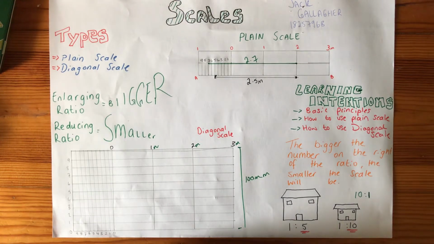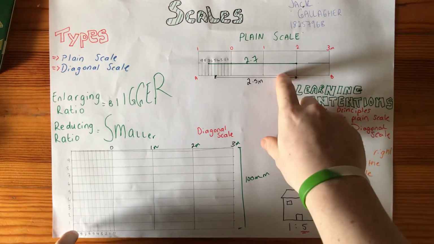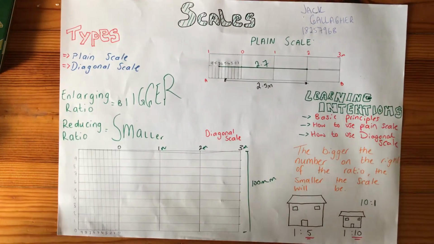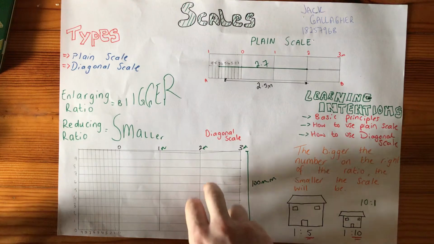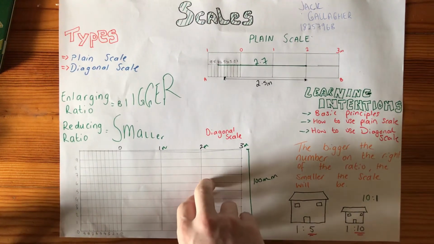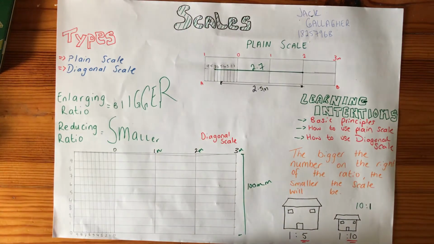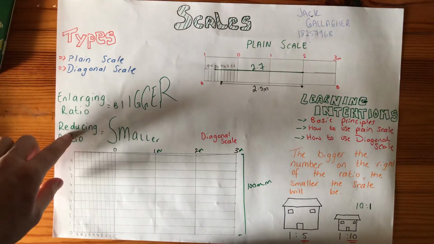And yeah, you'd use plane scales for more basic, rough versions of an object, whereas a diagonal scale you'd use for something a lot more precise, say for a watch, where you're going down to very fine details. So we'll just talk about enlarging ratios and reducing ratios now.